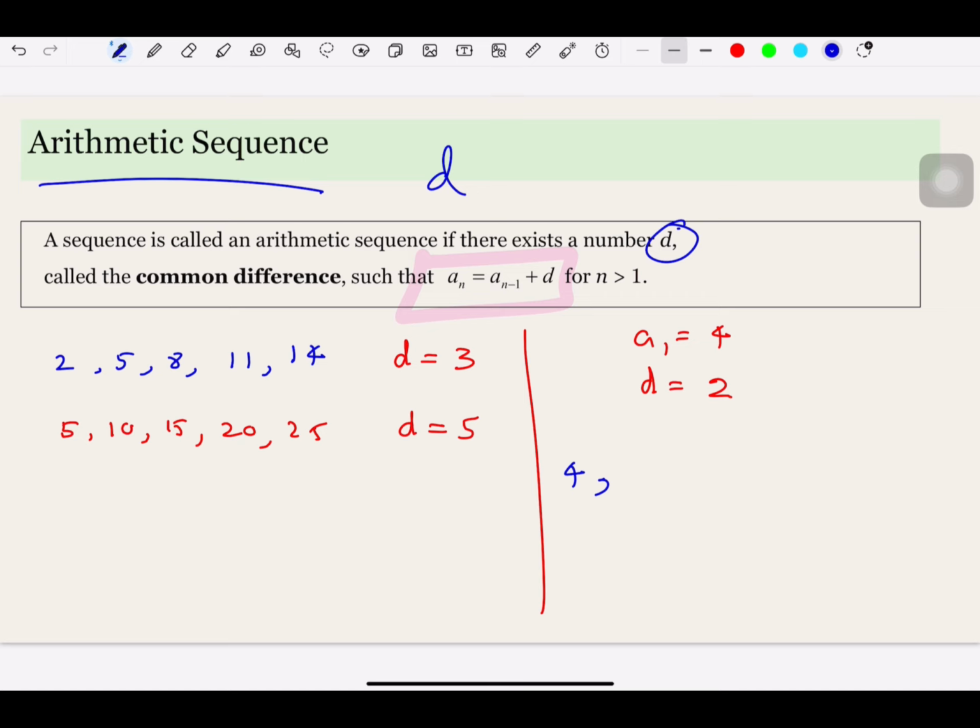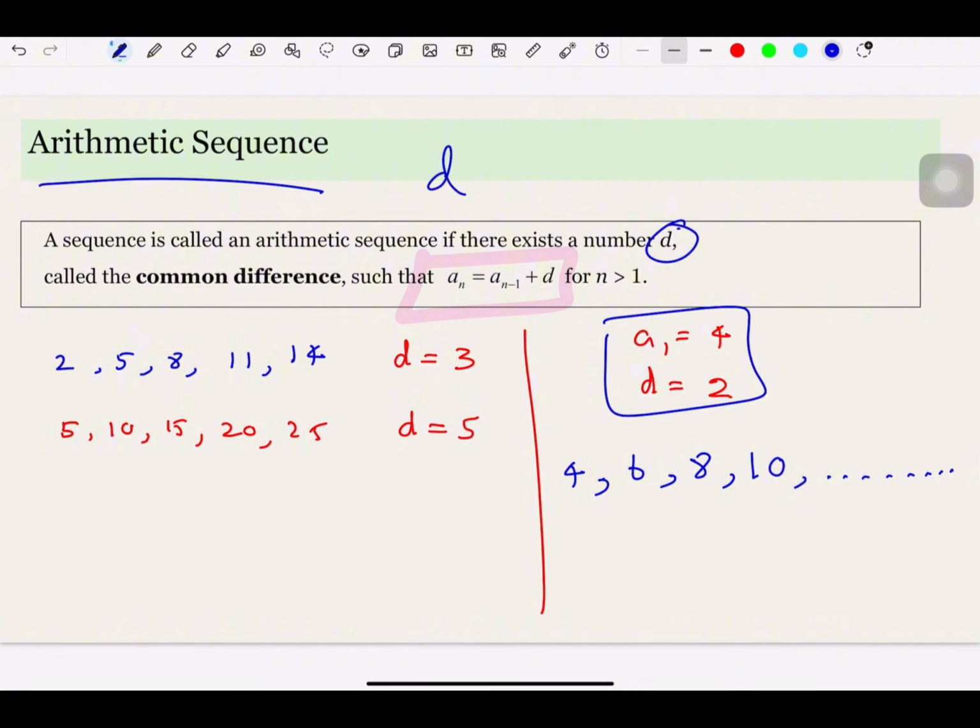So the second term is 6. To get the third term, you add the common difference to the second term, which gives 8. To get the fourth term, you add the common difference to the third term, which gives 10. Likewise, you can come up with an infinite sequence with these details. It goes on like this.